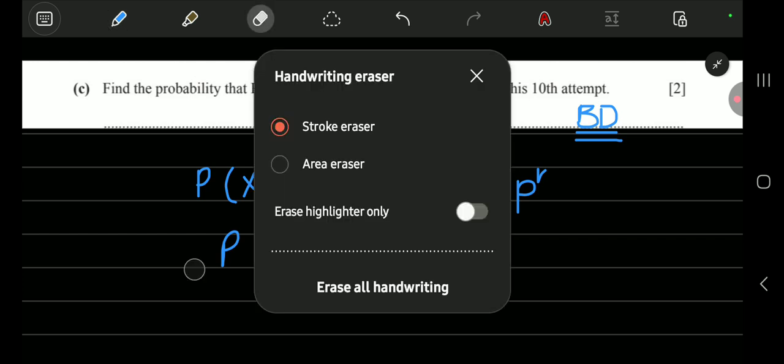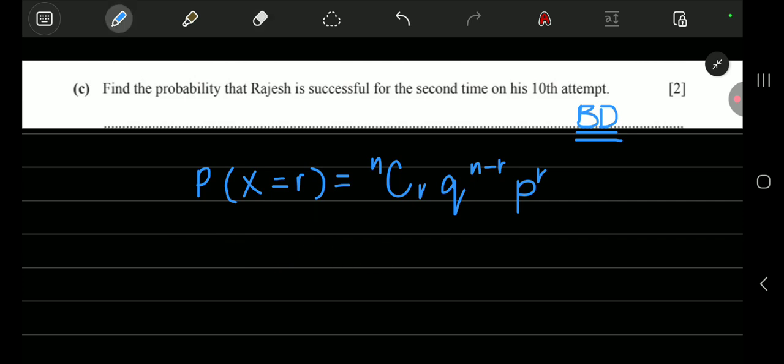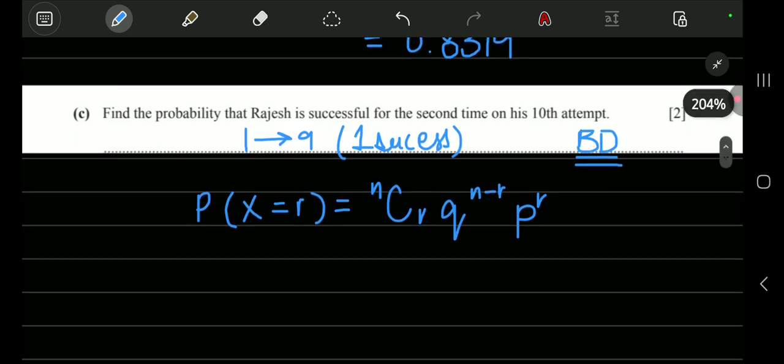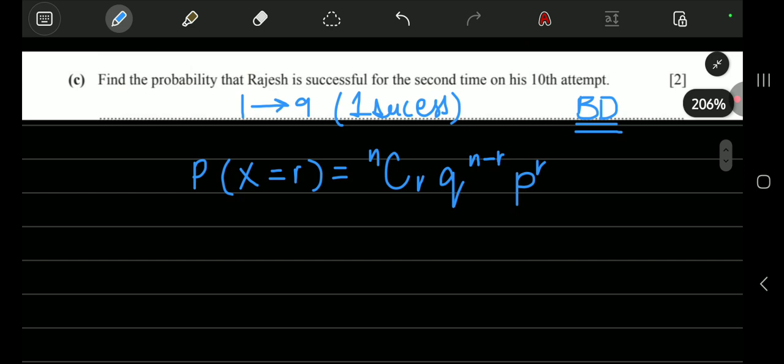Okay, don't write it this way, just try to understand it this way. From 1 to 9th attempt he got one success, and the second is on the 10th attempt, so we are sure of that. So on the first 9 attempts we are going to apply the binomial. I hope you get this. So apply for probability on the first 9 attempts.